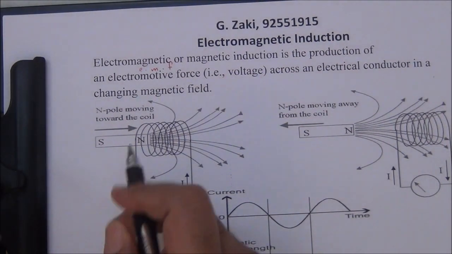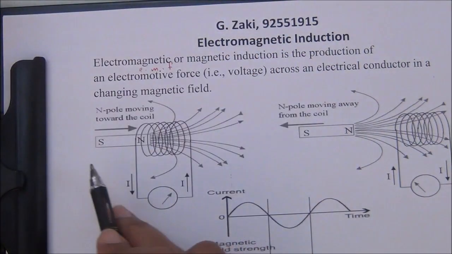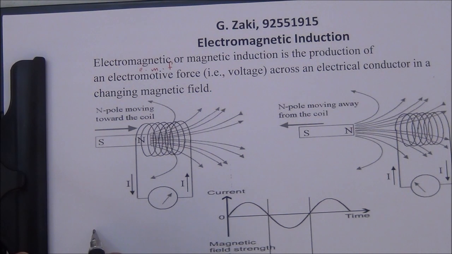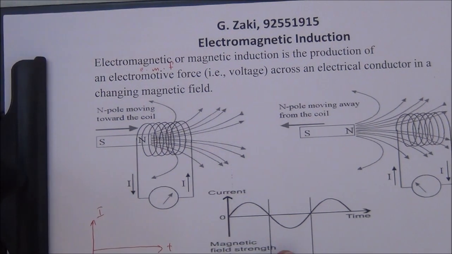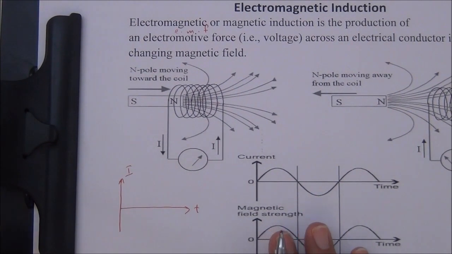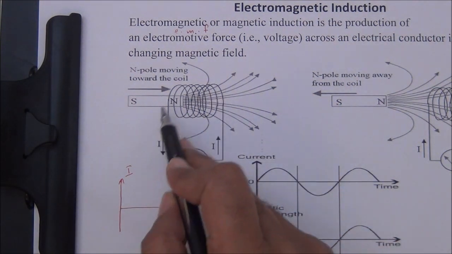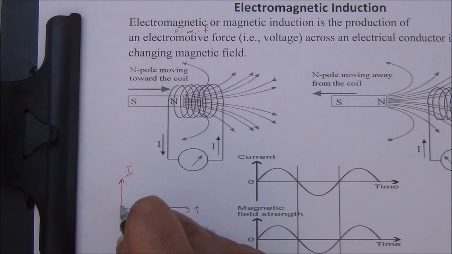In the first case, when we move the north pole of the bar magnet into the coil, if we represent the relation between the current and the time, we get the current passing through the wire in one direction.